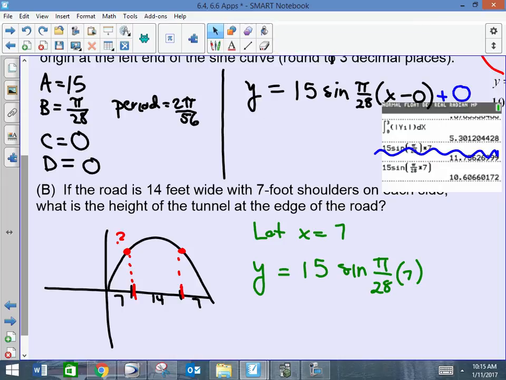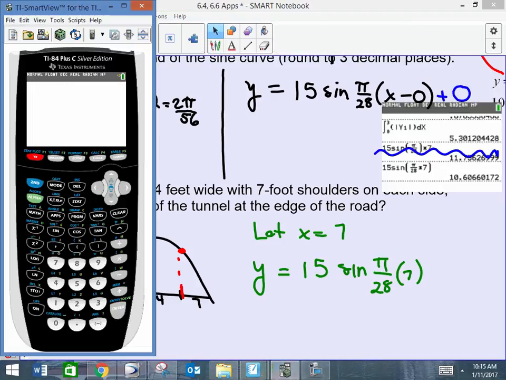Just to double check, if that doesn't always make sense, remember you could graph this: 15 sine of pi over 28 x.